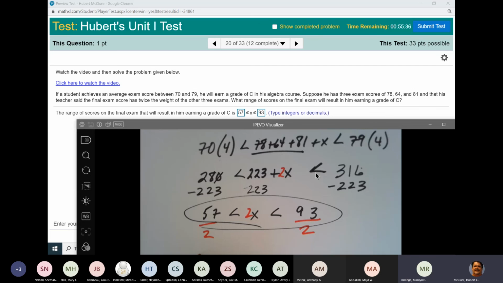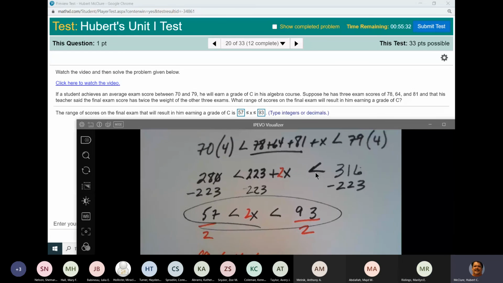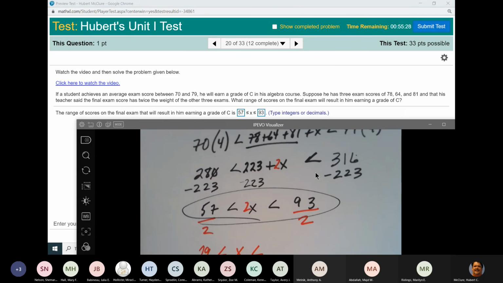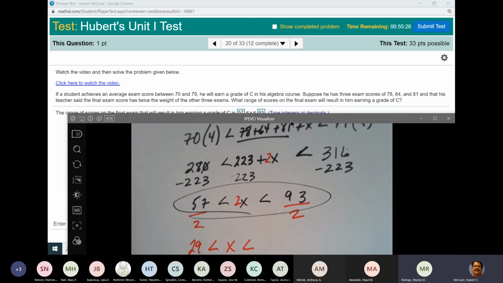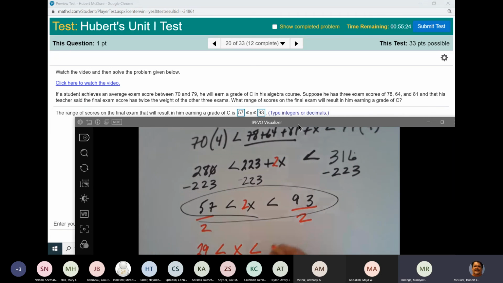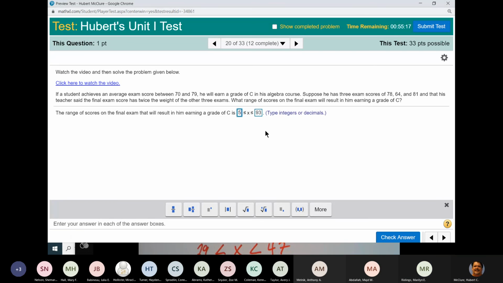So 29. And what's 93 divided by 2? 46.5. 47. I don't know if they want us to round up or not. 29 to 47. That still don't seem right.